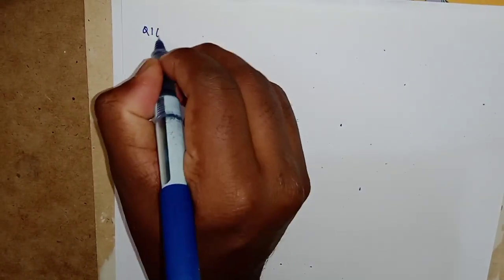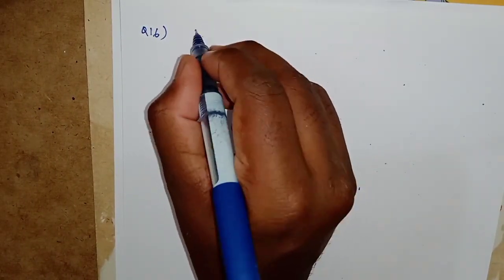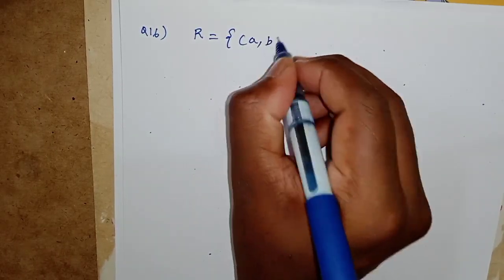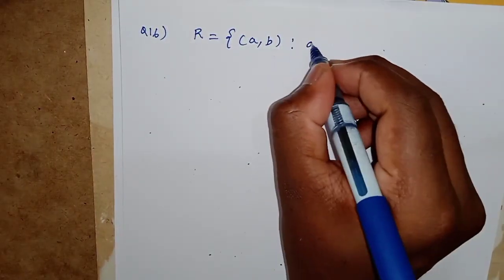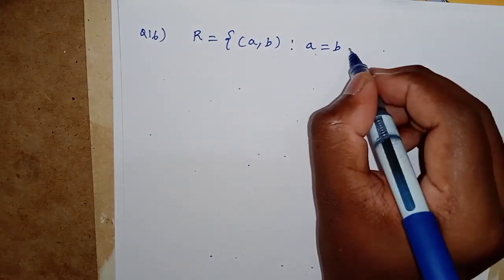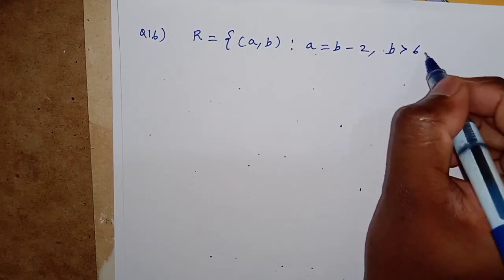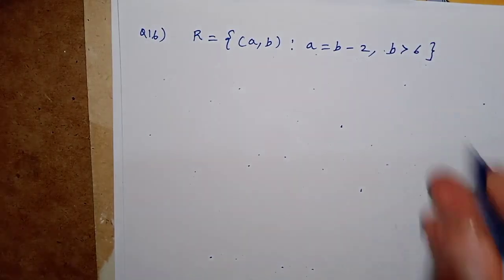Question number 16. Here R equal to relation set (a, b) such that a equal to b minus 2, b greater than 6.